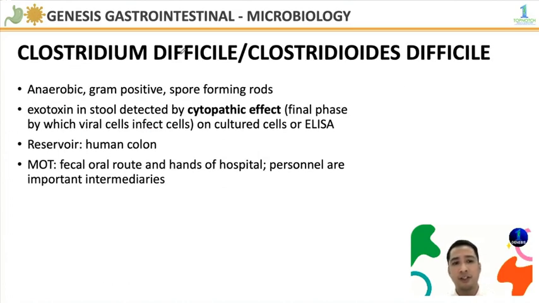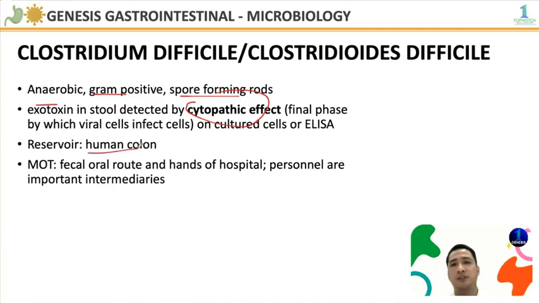So again, Clostridium difficile, also known as Clostridioides, is an anaerobic gram-positive spore-forming rod that presents with an exotoxin which manifests a cytopathic effect. The only reservoir is the human colon.